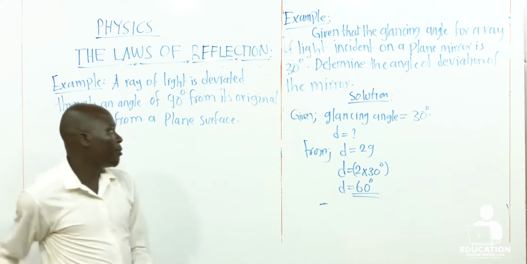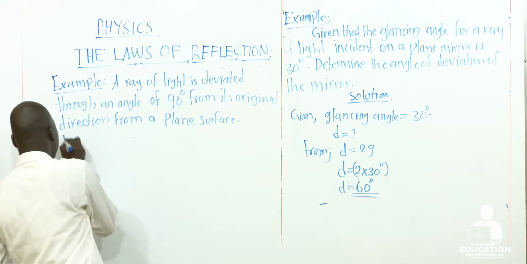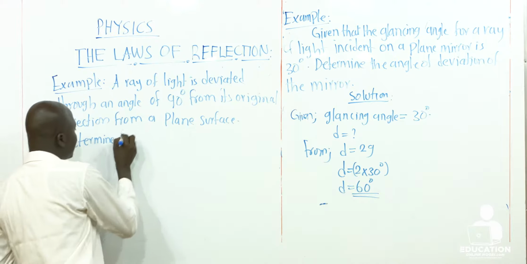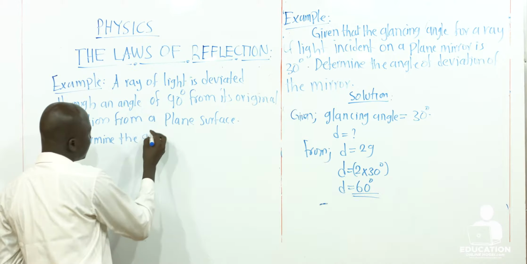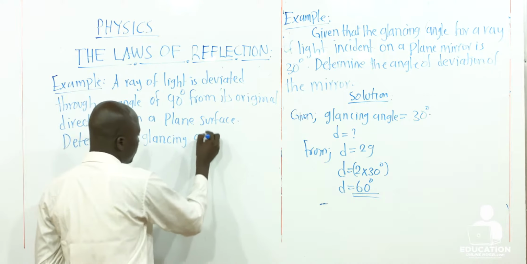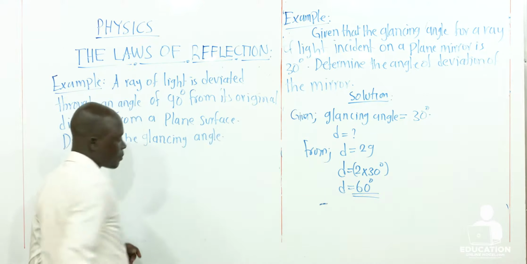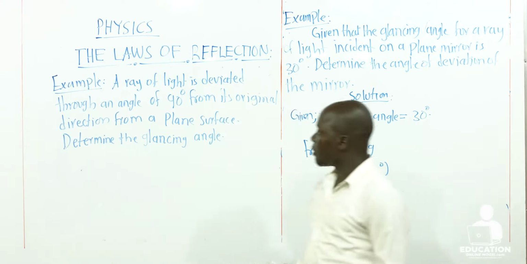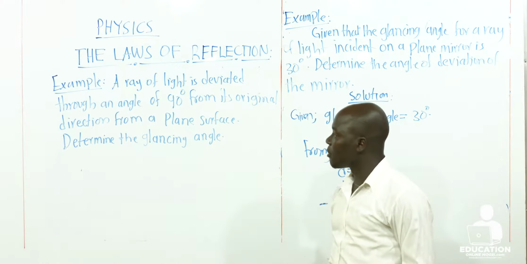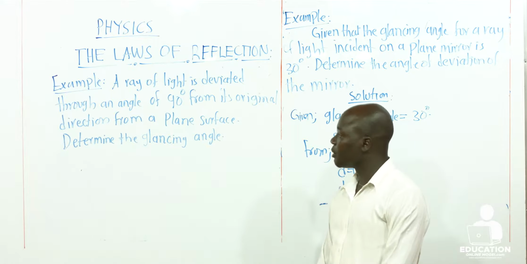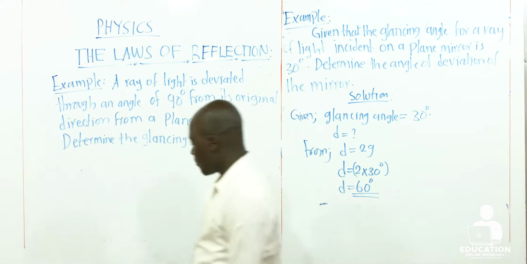Determine the glancing angle. So dear learners, this is how you can also be asked. A ray of light is deviated through an angle of 90 degrees from its original direction from a plane surface. You are to determine the glancing angle.